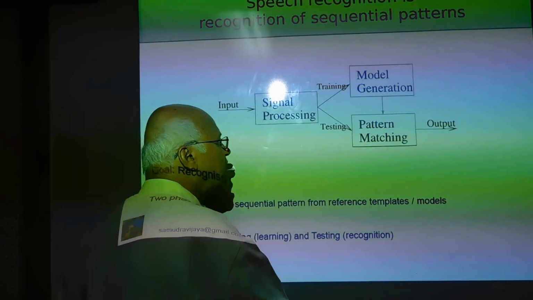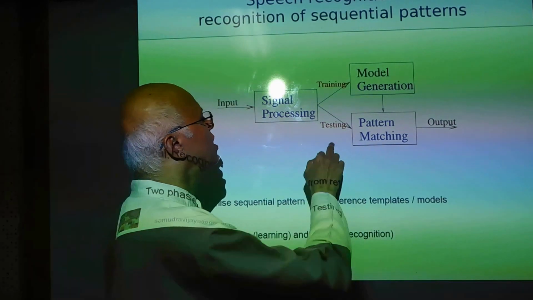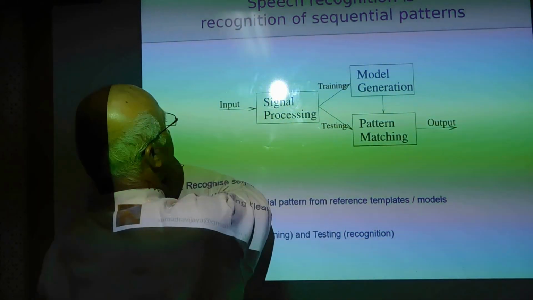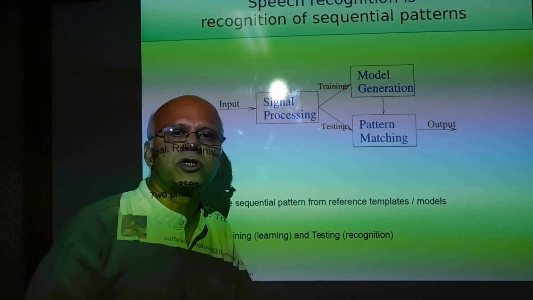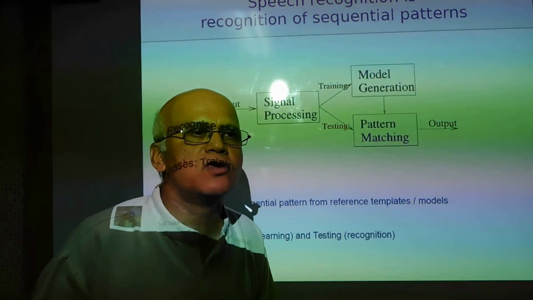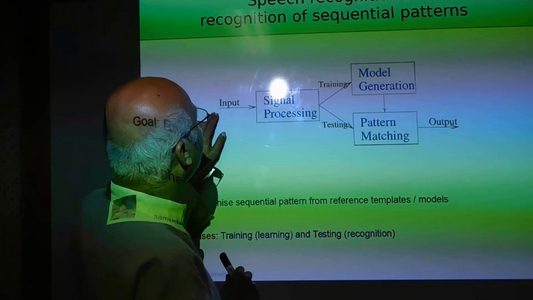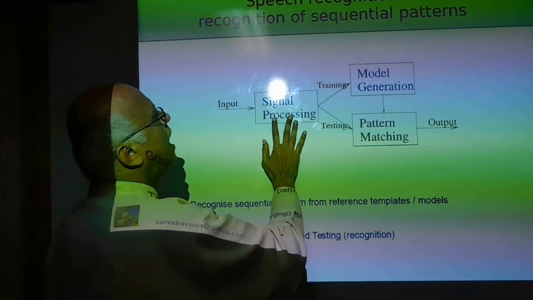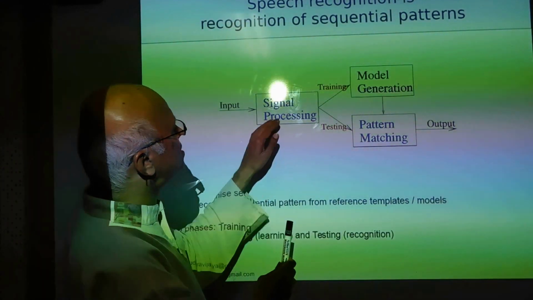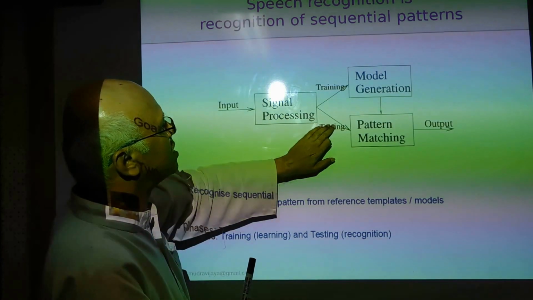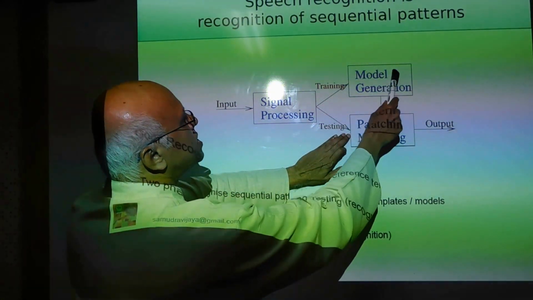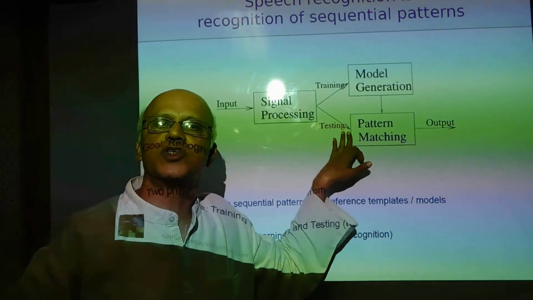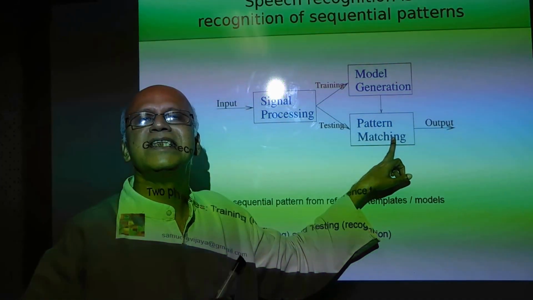Then the model is ready for use. That phase is called the testing phase, and an input comes, an audio file is given, and the audio file goes through the same signal processing as it did in the training phase. The sequence of feature vectors is matched with the models of the various speech sounds to recognize the sequence of sounds.